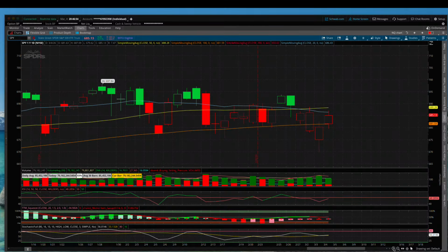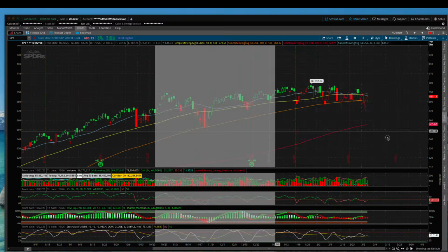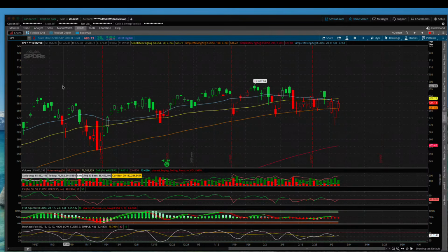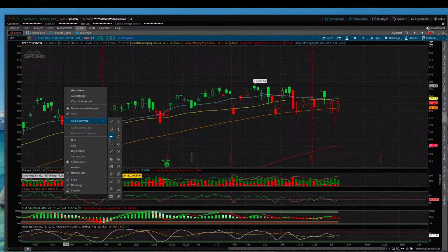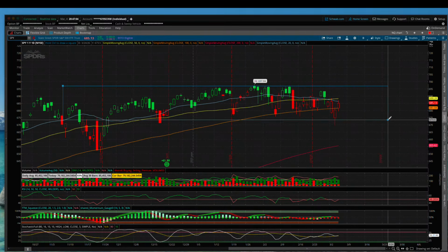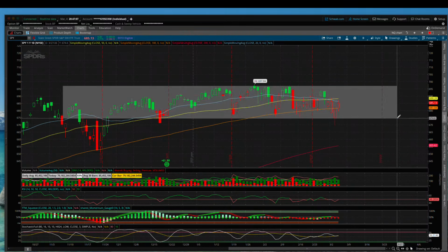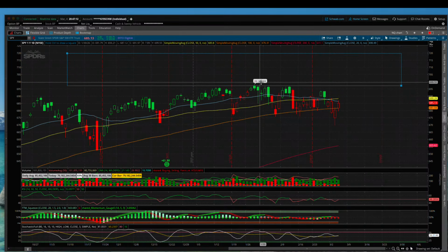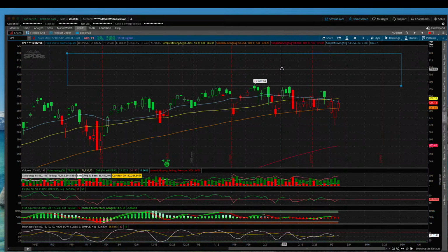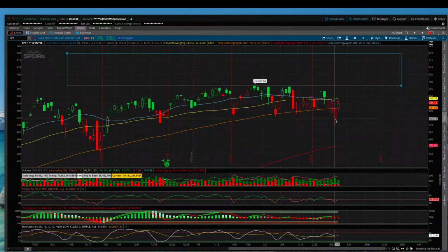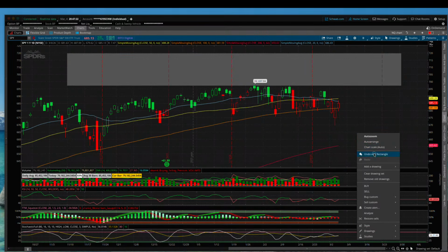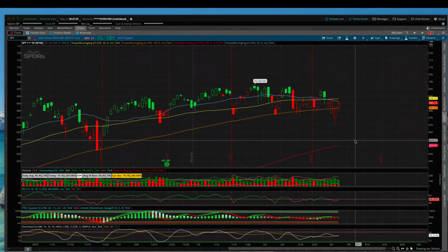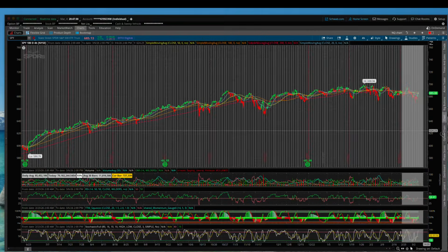So overall targets: if we break out of that 697, we'll have 708 and 720 as our major targets. Okay, 708 and 720.